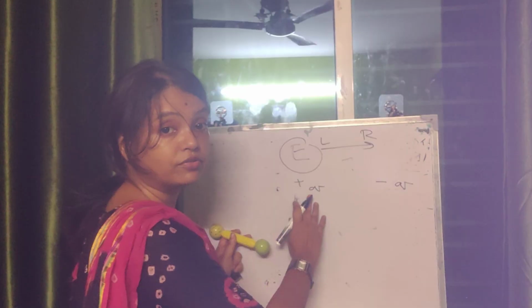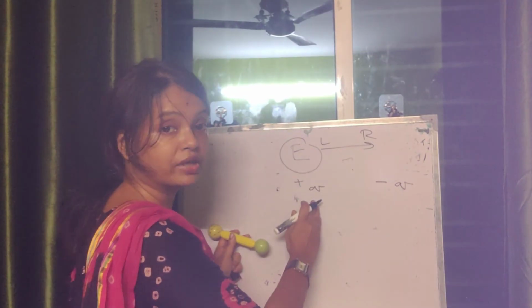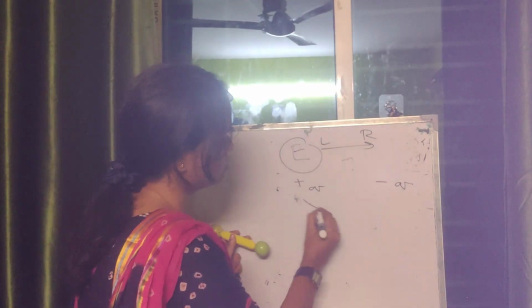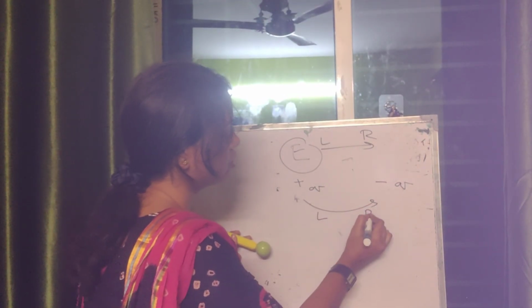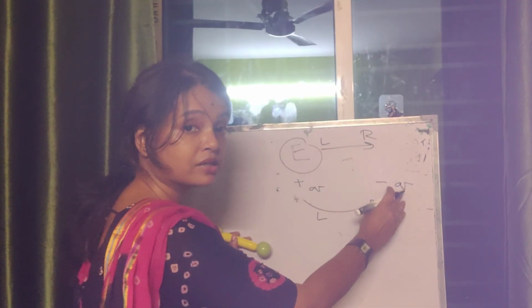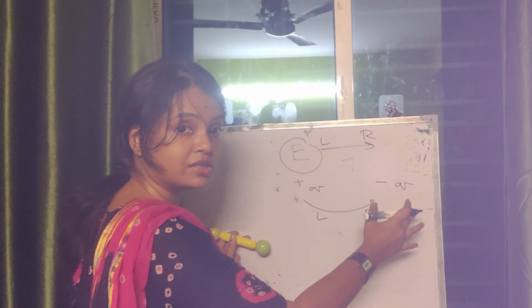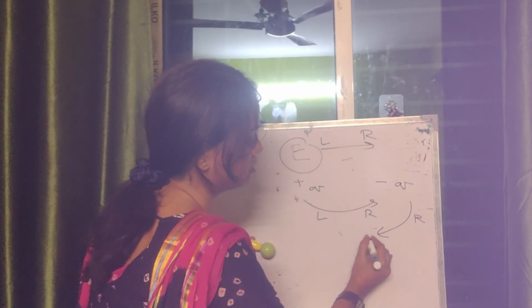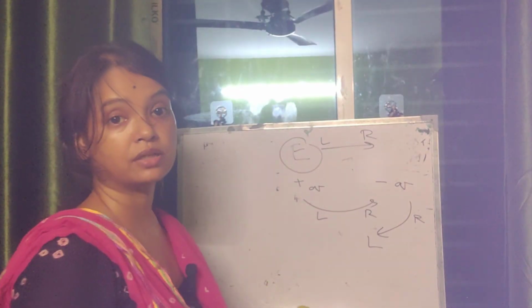Now the positive charge, after the force is applied on it, will move along the direction of the electric field, that is, from left to right. Whereas the electric field also acts on the negative charge and it will move in the opposite direction, that is, from right to left.